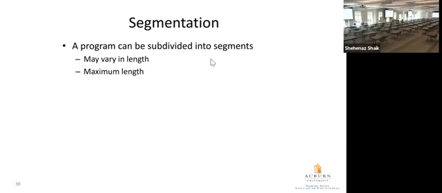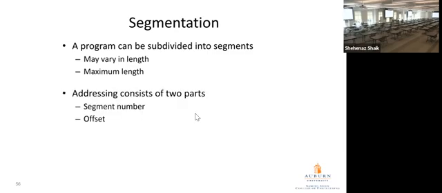So basically, all these different segments may vary in their size. Okay? And what we do is we allocate memory to a particular process in terms of its segments, or in other words, to each segment we allocate memory separately.